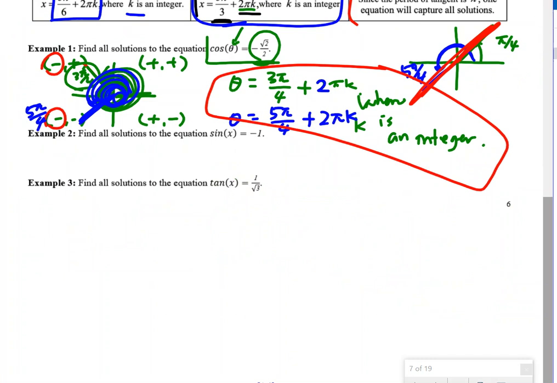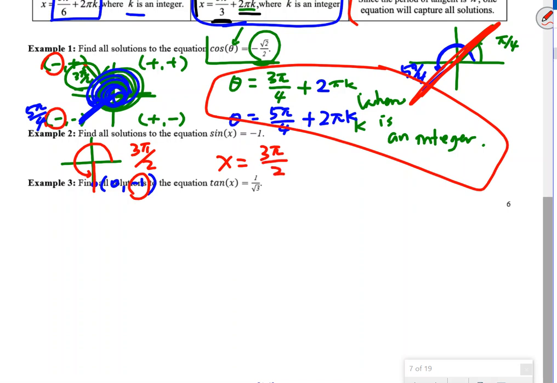Sine equals negative 1. I only have one answer. When you look at the quadrantal angles, this one is (0, -1), meaning when you travel this much, I am getting sine, the y value, of negative 1. This answer is 3 pi over 2. My answer: x equal to 3 pi over 2.